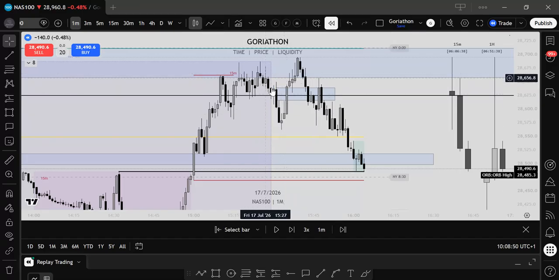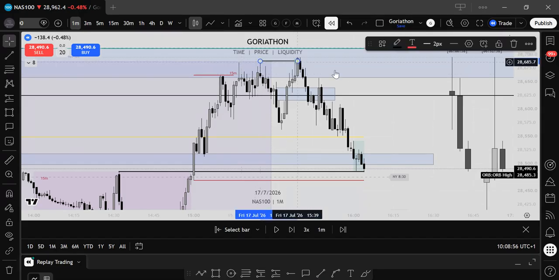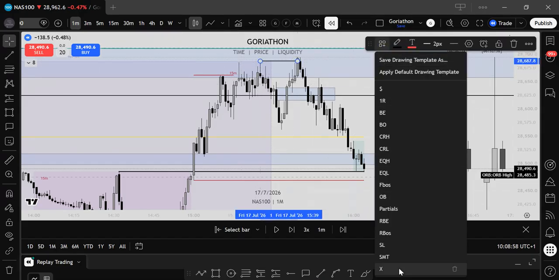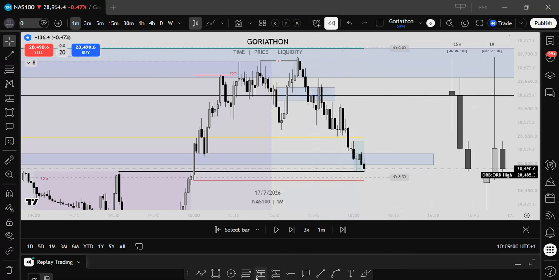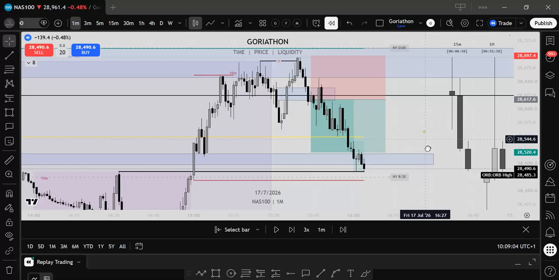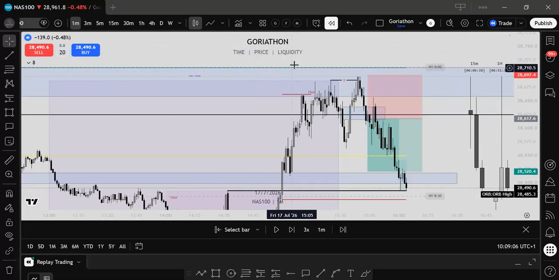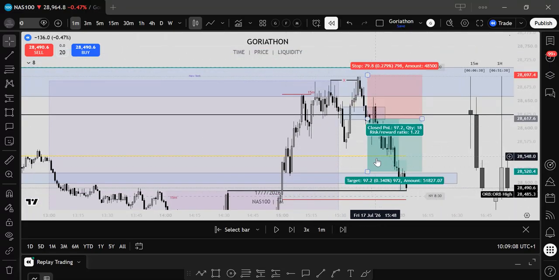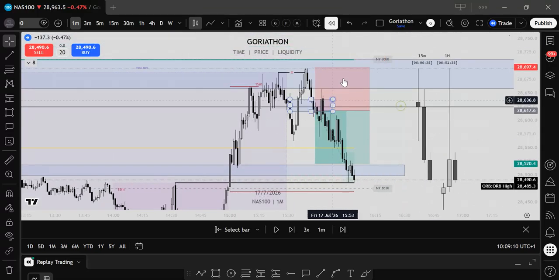Understand, there's no inverse over here. Price pushes back, sweeps internal liquidity. That's why I said patience is important, right? And then once this breaks out, you just enter into a simple 1:1 trade, and you utilize these key levels, the session volume profiles as well, trading into it, right?